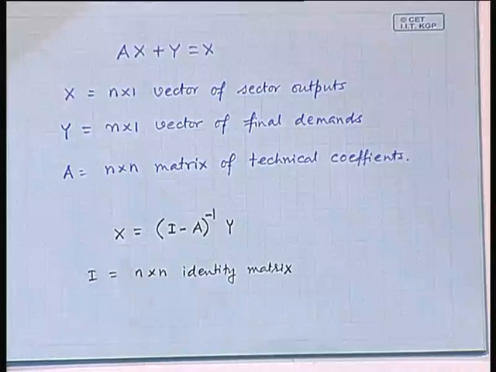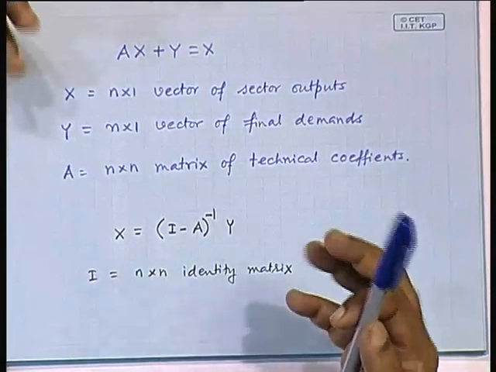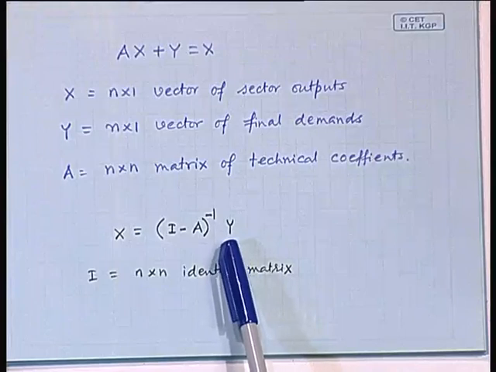And this, we said, can be used for prediction, for planning, in the sense that supposing a country wants to increase, say, the agricultural output by 10%, then what will be the necessary increase in, say, the manufactured goods?